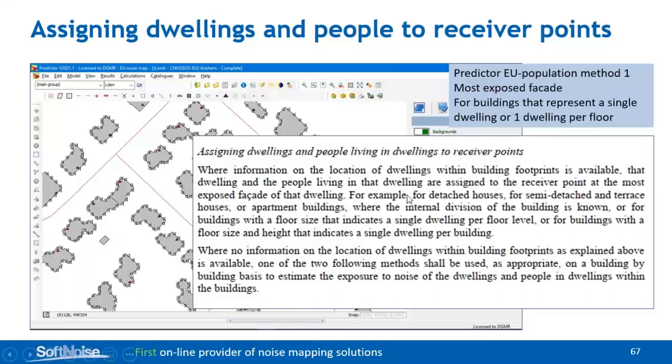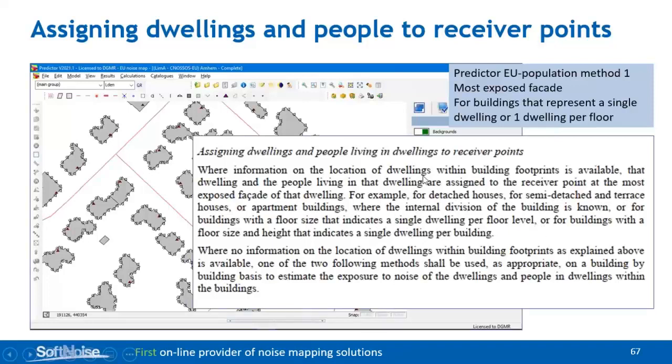So it says, where information on the location of dwellings within building footprints is available, that dwelling and the people living in that dwelling are assigned to receiver point at the most exposed facade of that dwelling. That's the first method. Those could be detached houses, semi-detached houses, terrace houses, or apartment buildings where the internal division of the building is known, or for buildings with floor size that indicates a single dwelling per floor level.